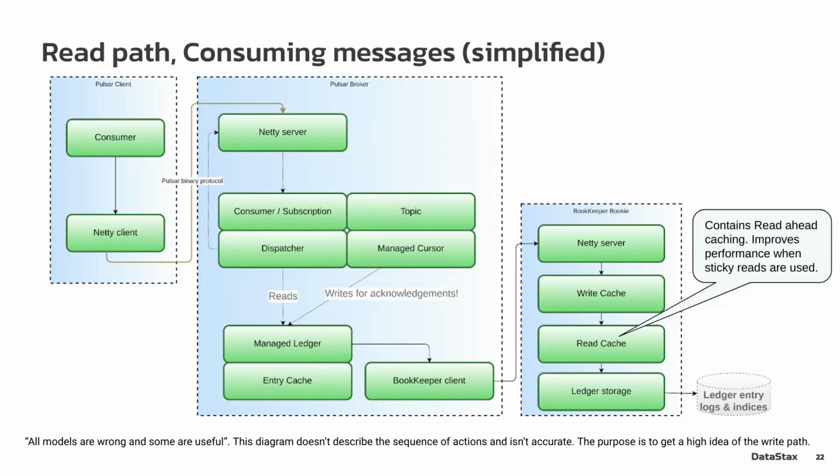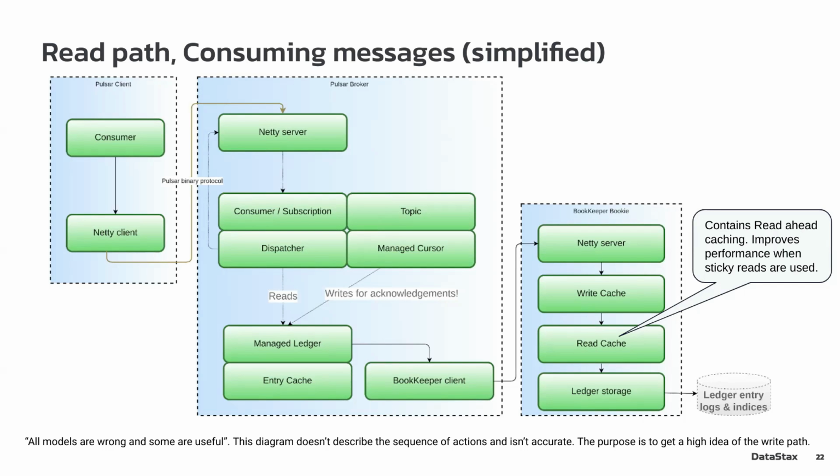So that's what happens when an entry is read, that instead of reading just one, when there's a cache miss, it'll read the read ahead amount of entries. So that is one additional optimization to prevent going to disk.